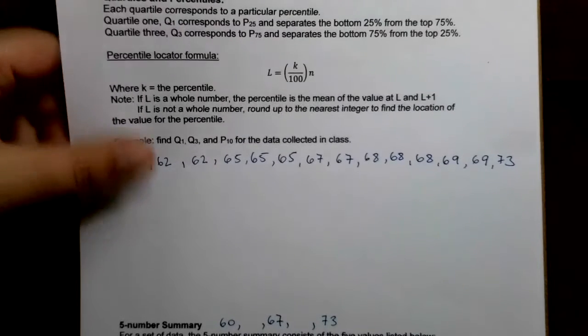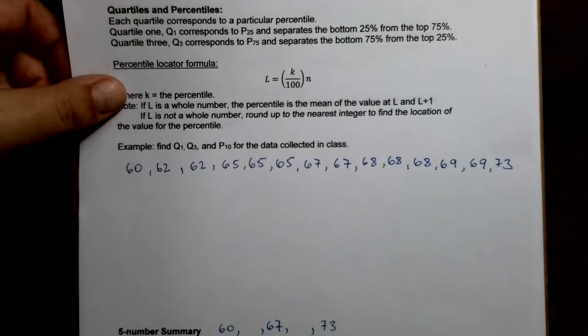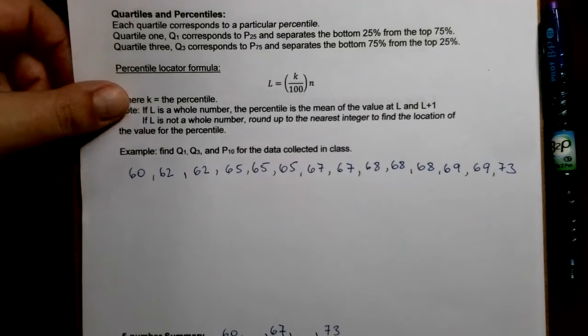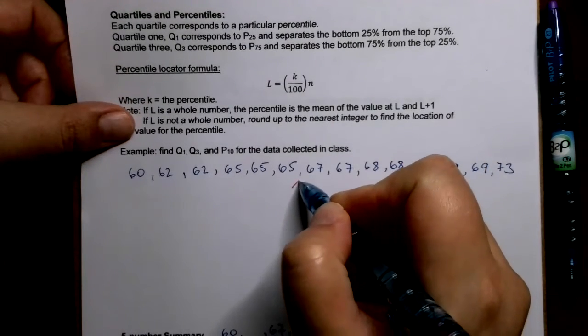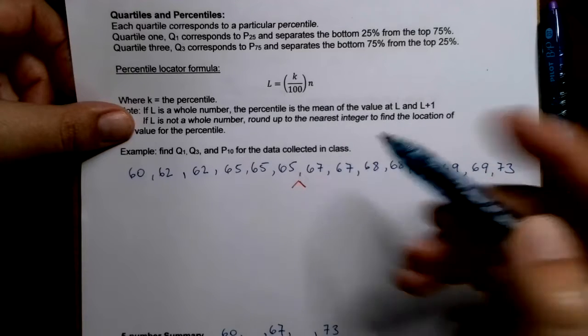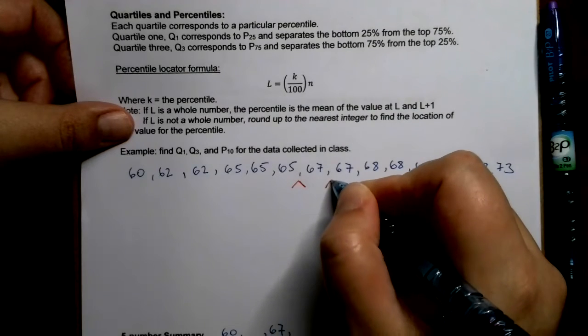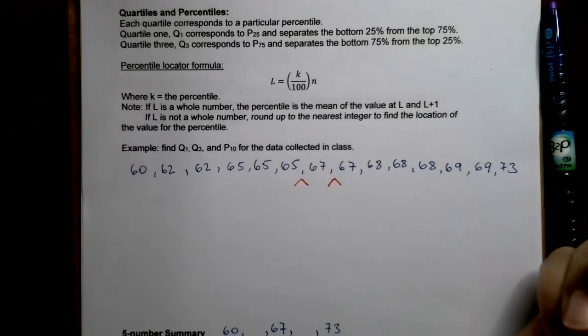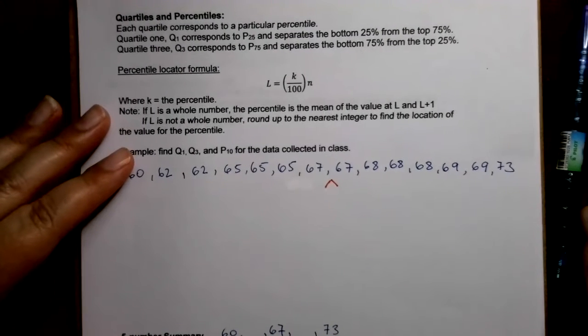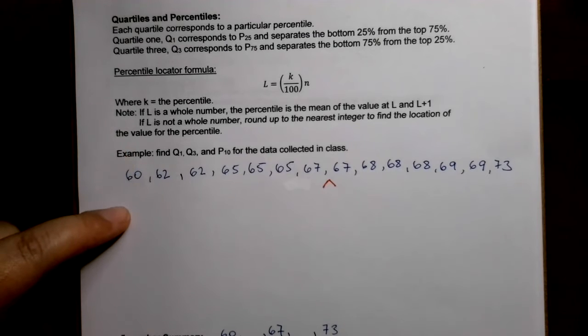Now let me describe what's happening. Our 67 was a number in between the 7th and 8th values. Sorry, I was thinking that we have 14 data values in all.